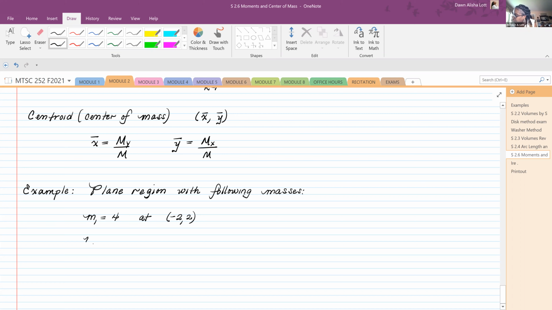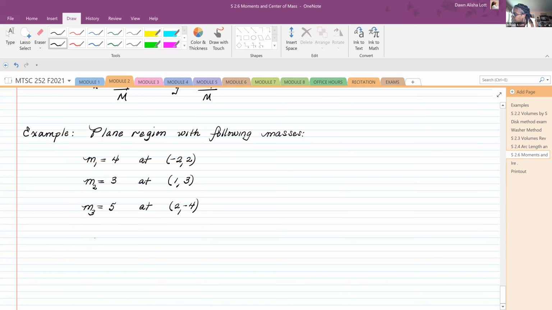I have M2 equal to 3 at the point 1, 3. I have M3 equal to 5 at the point 2, -4. And I have M4 equal to 1 at the point -3, -2. Okay, so now I have these different masses at these locations.